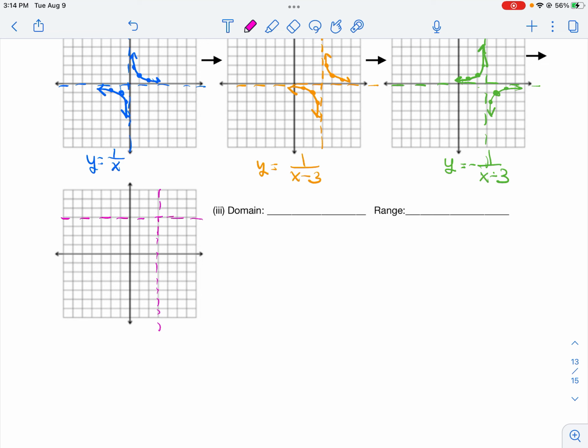Okay, and then I'm just going to plot from that. I'm going to go down 1, over 1; down 1, over 2; down a half, over a half; down 2. Then over 1, up 1; over 2, up a half; over a half, up 2. And that gives us our final graph.